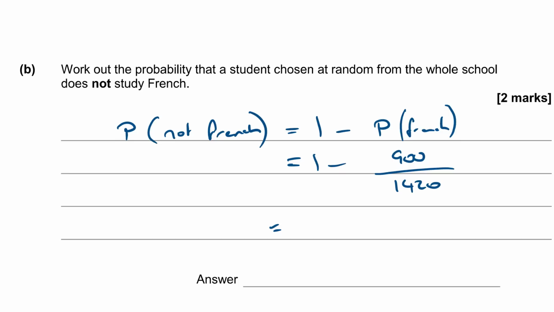So that must be 520 over 1420, just subtracting that fraction from 1.